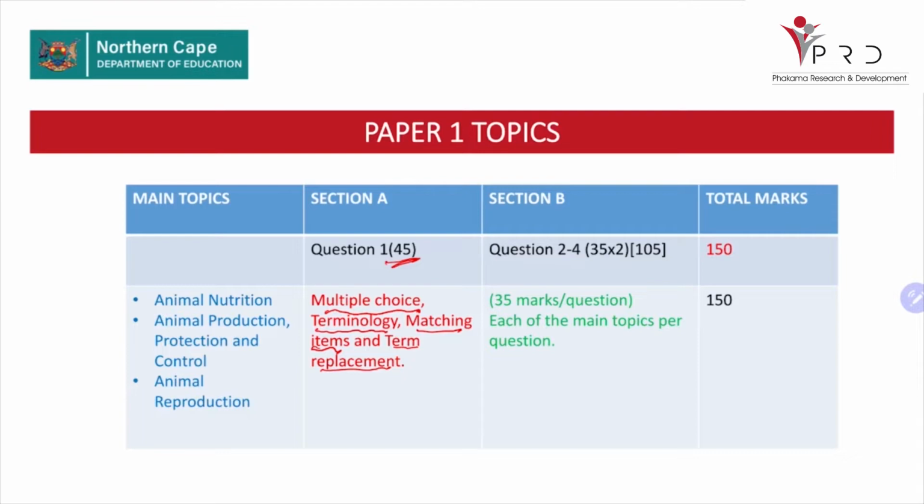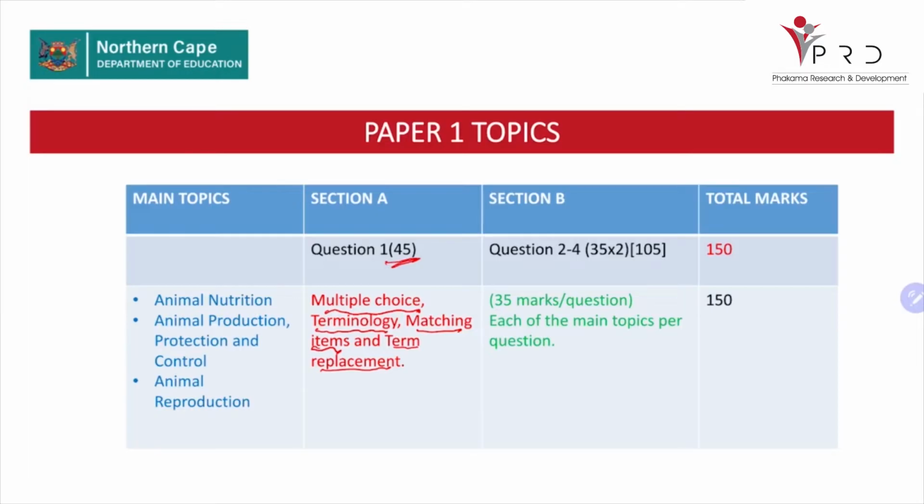So we are no more dealing with true or false. The same applies when you are supposed to provide the correct term or phrase. Candidates, you'll find them in their scripts writing a term or phrase, whereby you are expected to bring the term, because it's about terminology, agricultural terms.